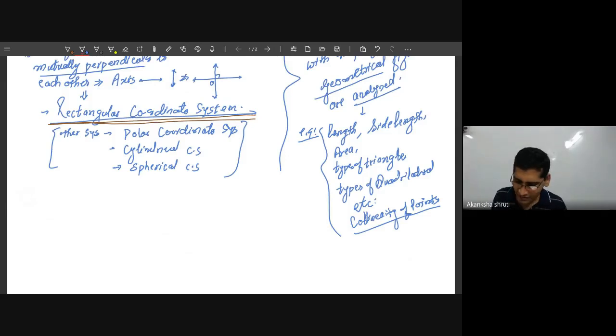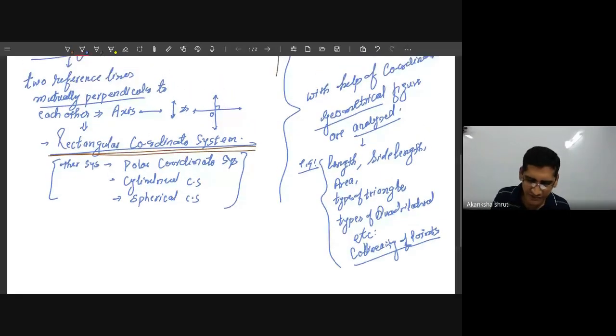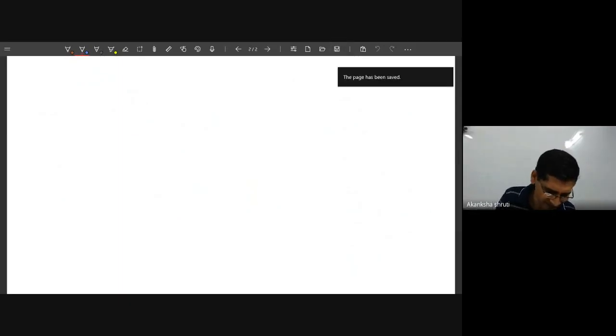So what is this rectangular coordinate system that we are going to see?